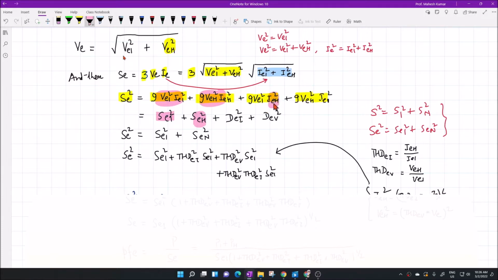The harmonic is present in the current, therefore distortion is because of current. And this term is DEB square, distortion because of the voltage. This term is denoted as SE1 square, and the whole thing is called SEN square.